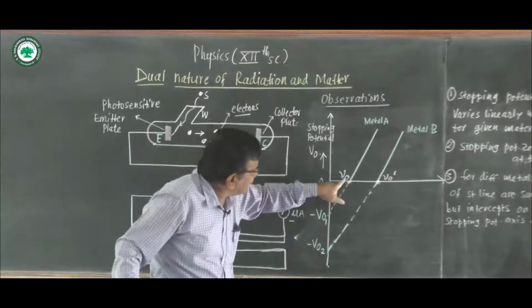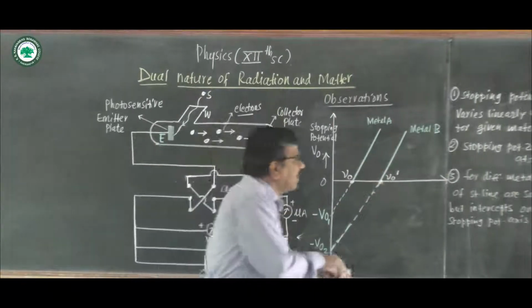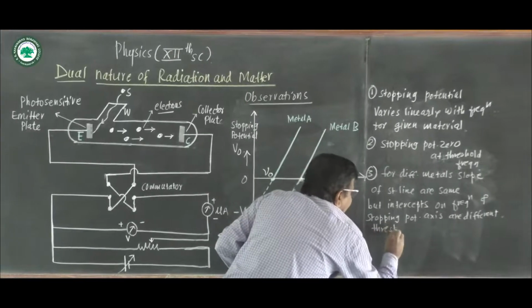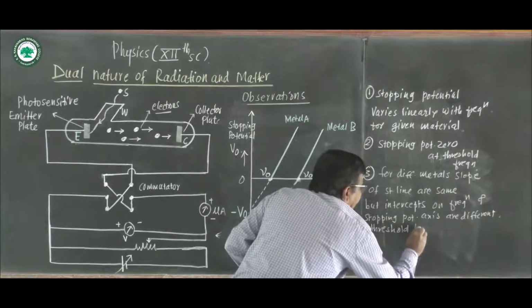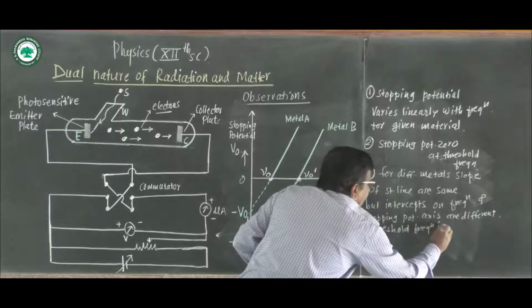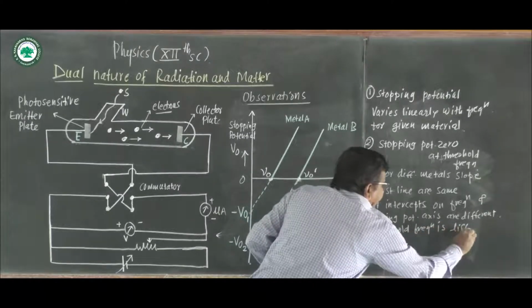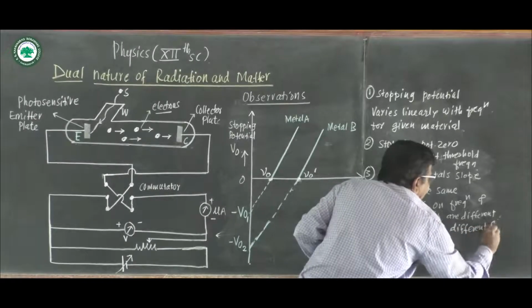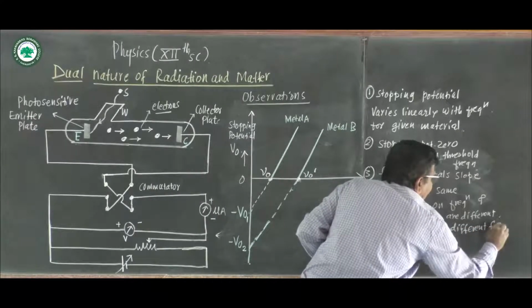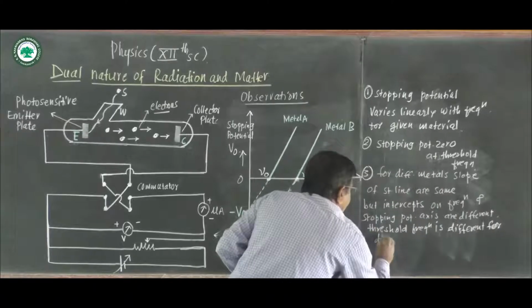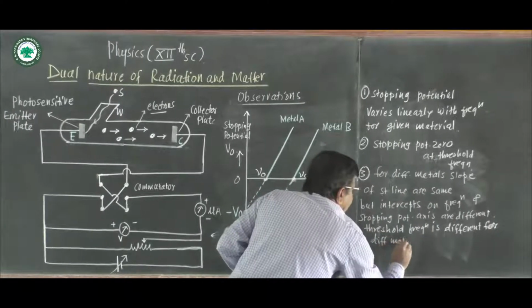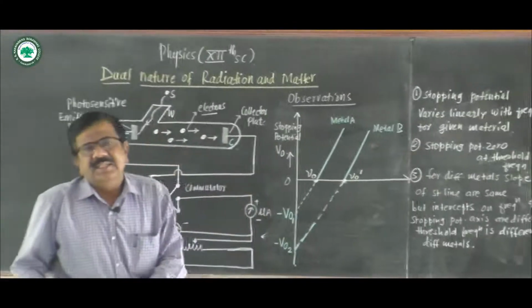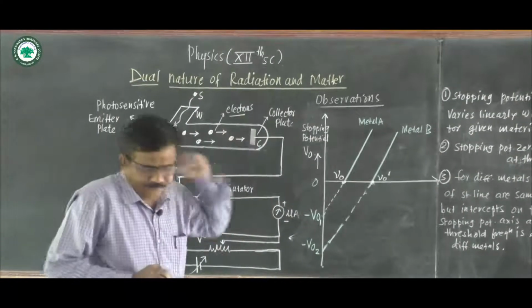Threshold frequencies are different for different metals. So these are our conclusions from this graph.